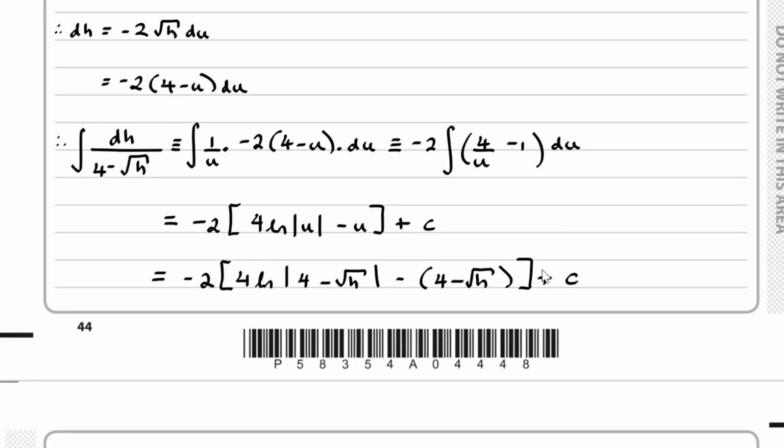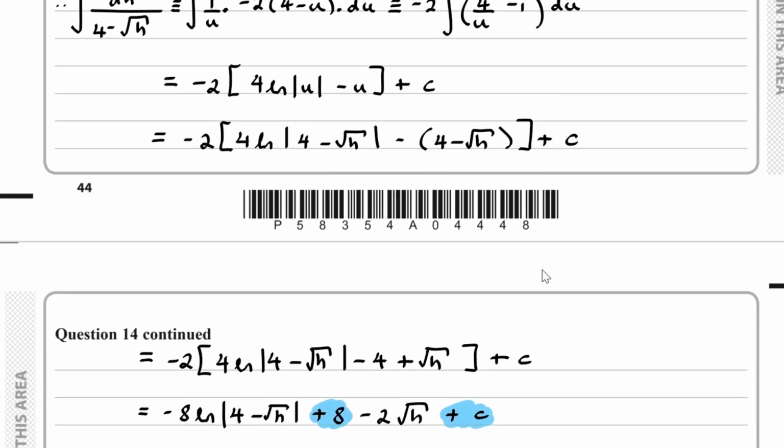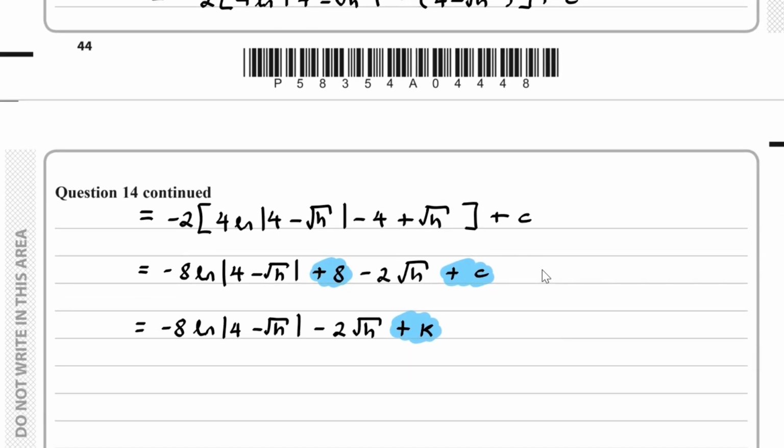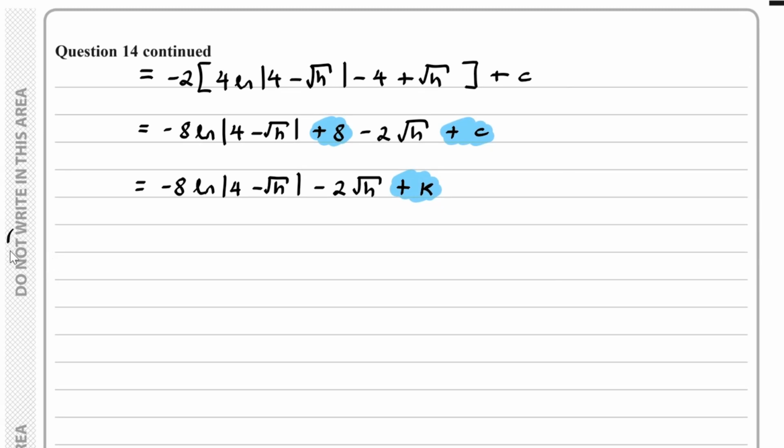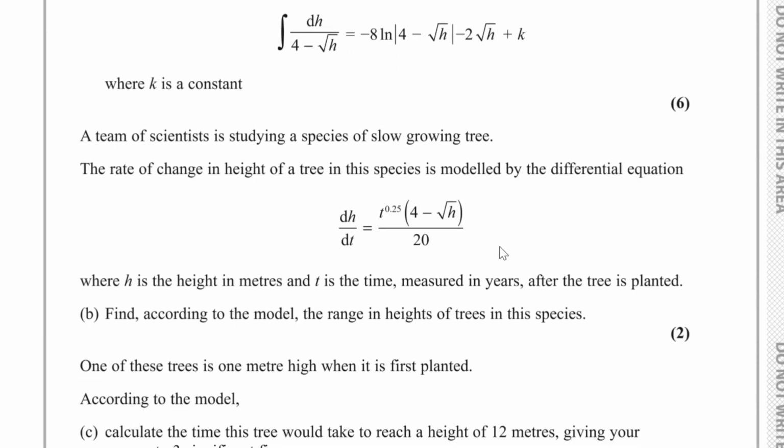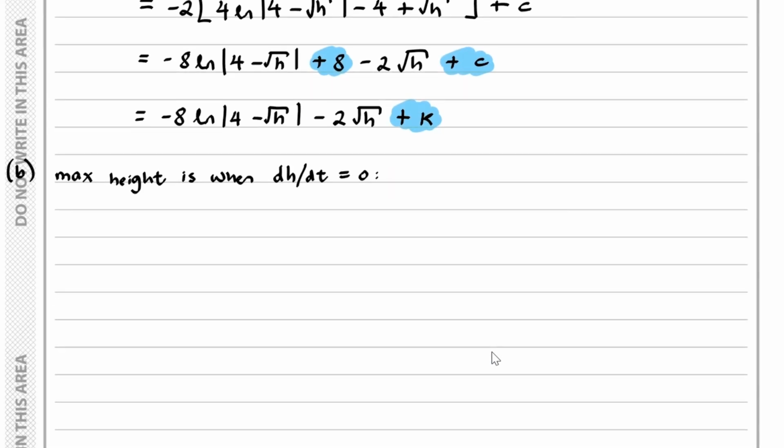So what we have over here is the maximum height. That's when the tree stops growing. So in other words, the max height is when dh over dt is equal to 0. Okay, so we already know what dh over dt is, that's given here, and we set that equal to 0.